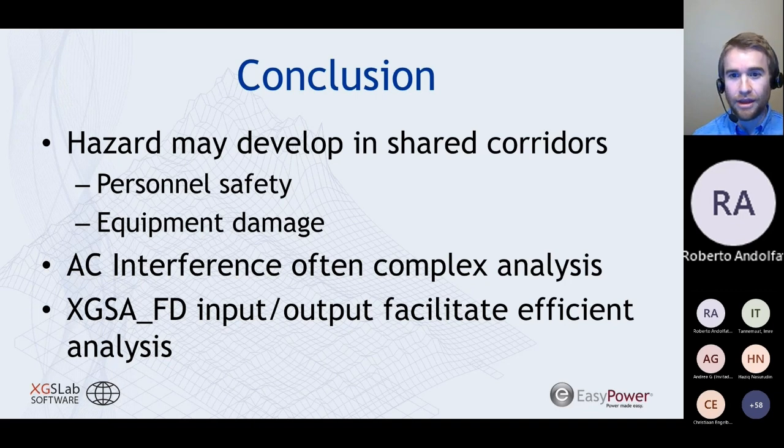Then you can evaluate the personnel safety hazards or equipment damage that could occur for various types of recipients. And with the more efficient input and output process, you can do these studies relatively quickly with XGS-AFD. It really depends on what information you typically receive and what your clients typically want to see as the output.